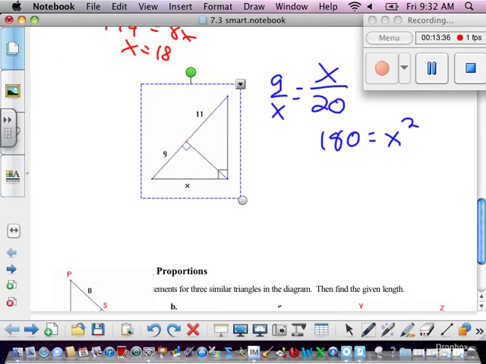To undo x squared, remember it's the square root. So I take the square root of 180. Do you want to practice radical form? You might have to do it on the test or quiz. You're still okay? All right. 13.42 is approximately x.